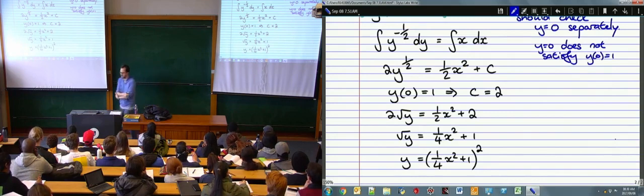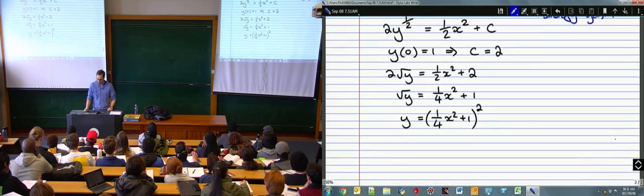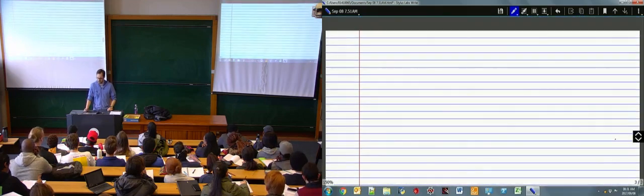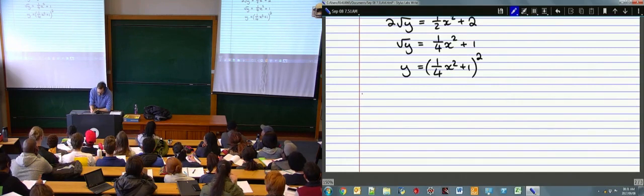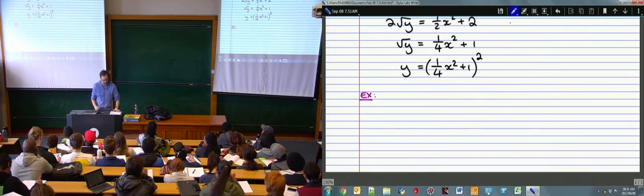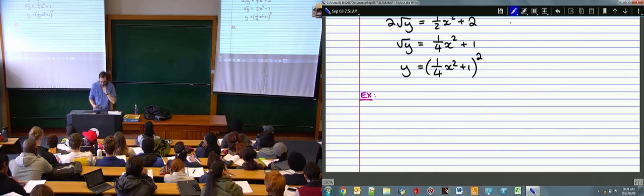Okay, so let's take a look at another example. We're going to look at a fairly long example, or maybe a little bit more interesting than this one. It's going to be an example on orthogonal trajectories. So here's the question.